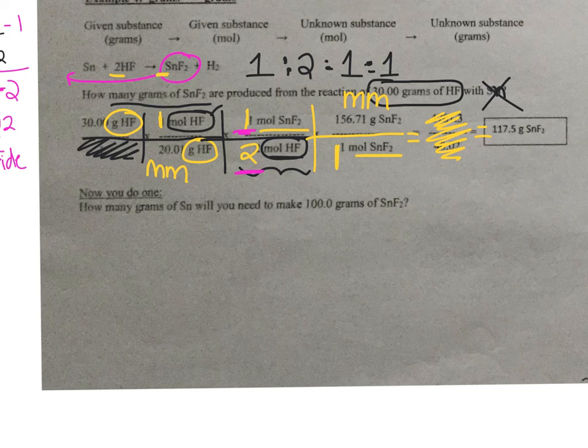All right, so I'm going to start here. How many grams of Sn will you need to make 100 grams of tin(II) fluoride? So I'm going to start with my 100.0 grams of SnF2 and bring that down to the right.